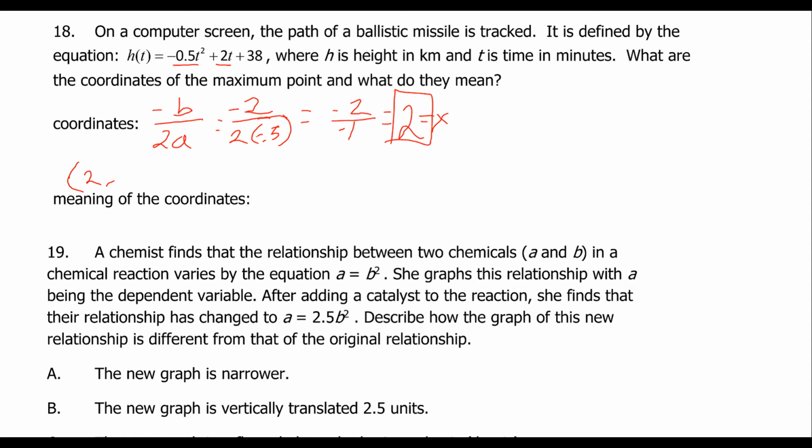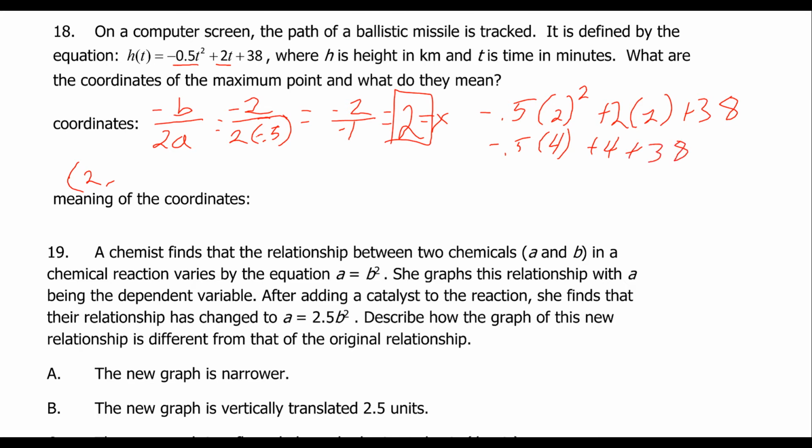Now what we do is we take that 2 and we plug it back into the original equation. That's going to be negative 0.5 times 2 squared plus 2 times 2 plus 38. So we've got negative 0.5 times 4 plus 4 plus 38.